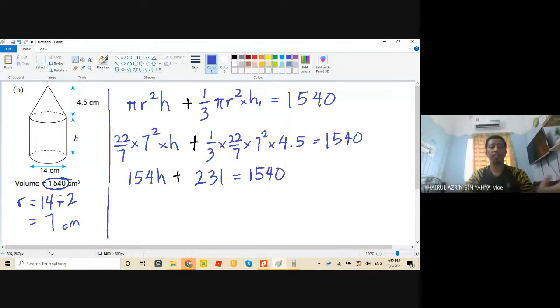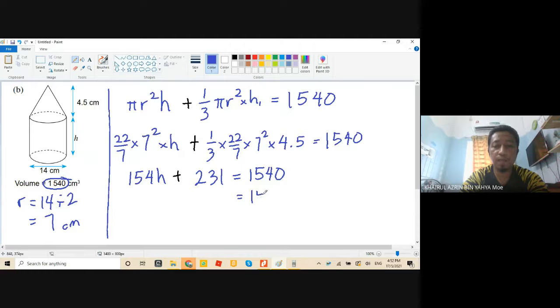1540. So this is a linear equation. We want to solve to find H. 231 here, we move to the right hand side, so it becomes 1540 minus 231.